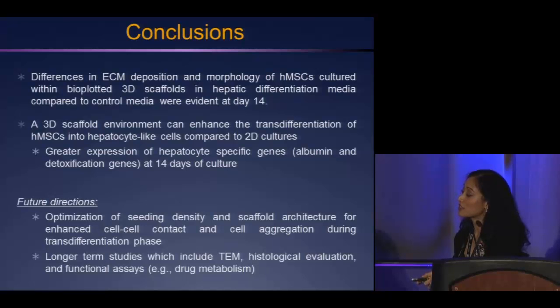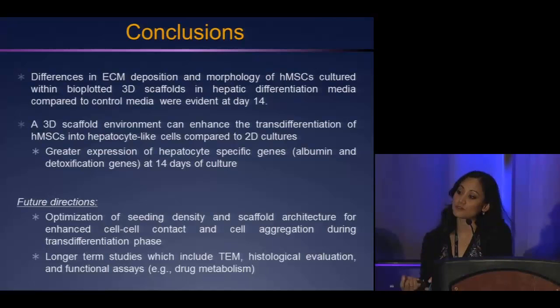And future directions really are to look at how we can optimize the cell seeding density and the scaffold architecture to enhance cell-cell contact and cell aggregation, and this is very important specifically for liver cells.